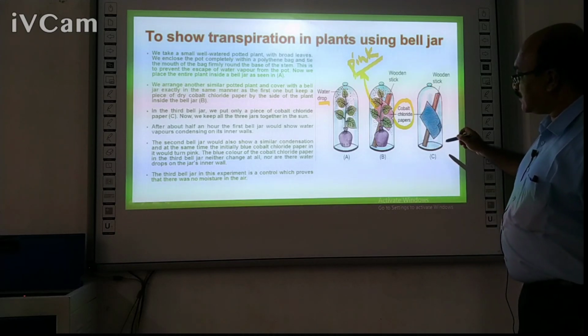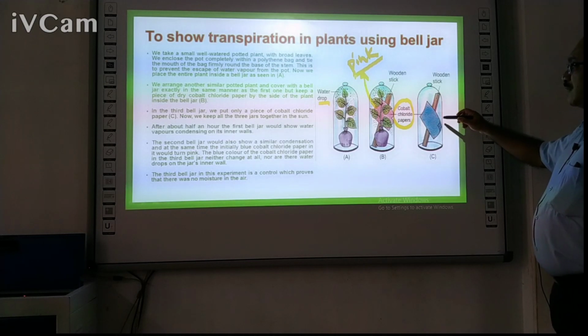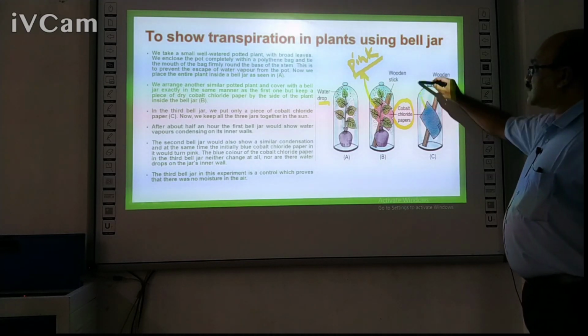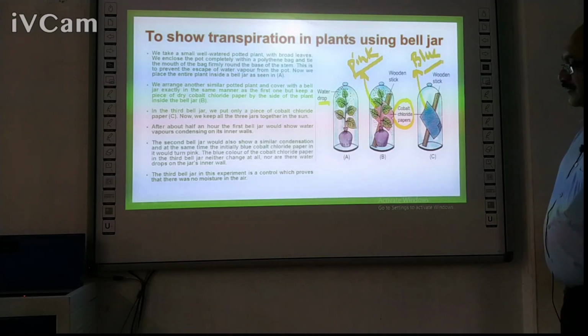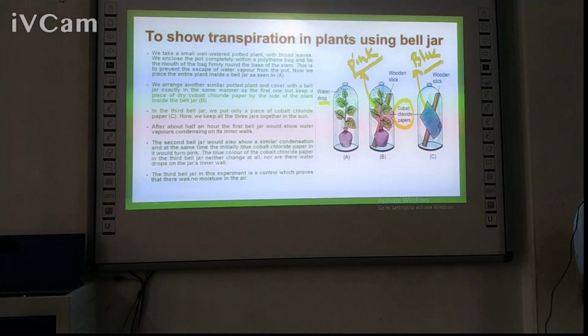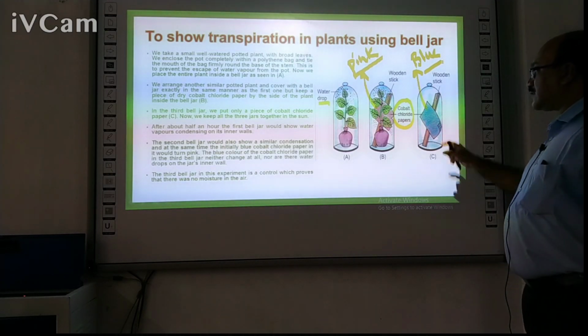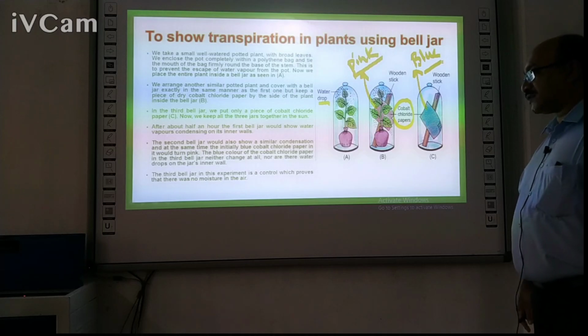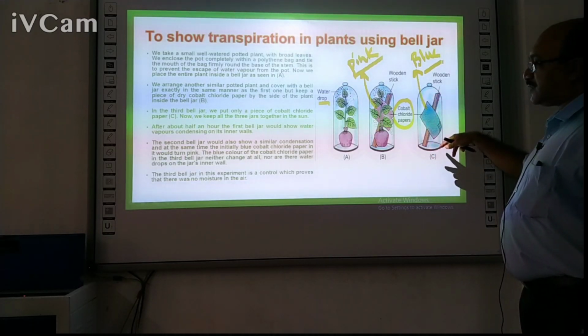And in the third one, there is no plant, so the cobalt chloride paper remains blue in color. There is no change in the color of the cobalt chloride paper. That shows that there is no condensation of water, so water is not present inside the bell jar.